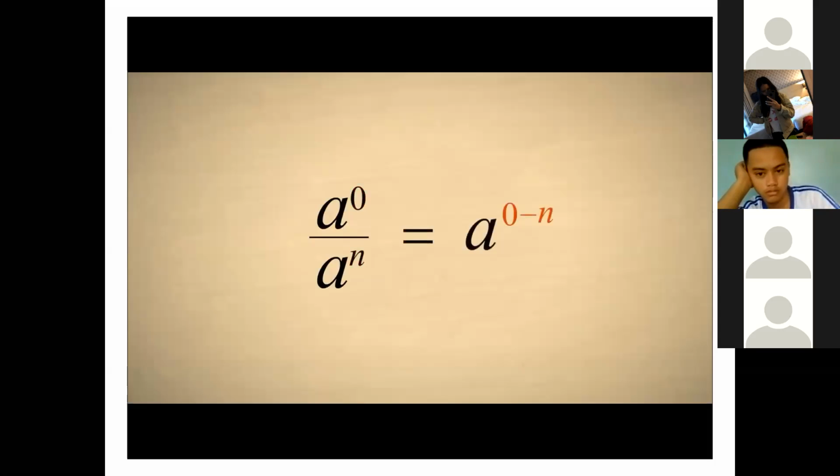If we take a non-zero number, a, raised to the 0 power, and divide it by the same number raised to any positive power, n, we subtract the exponents, so the result will have an exponent of negative n. Since a to the 0 power is equal to 1, this tells us that any number with a negative exponent is equivalent to 1 over that number with the same positive exponent.